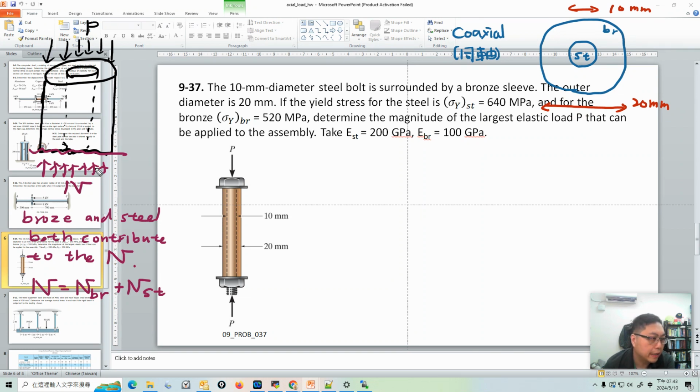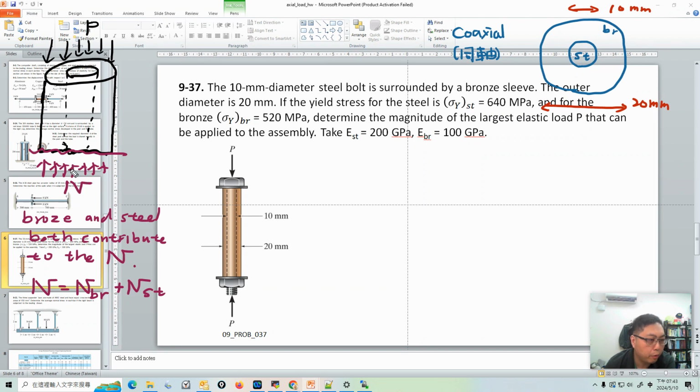Then we cut a section here, so we can do a rigid body equilibrium on this cut section. What will we have?